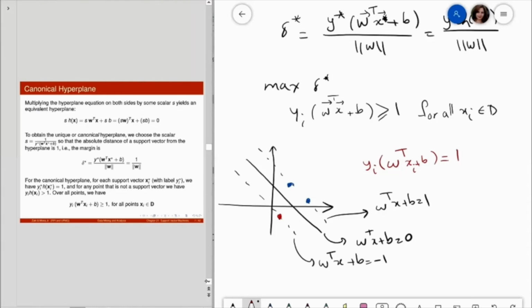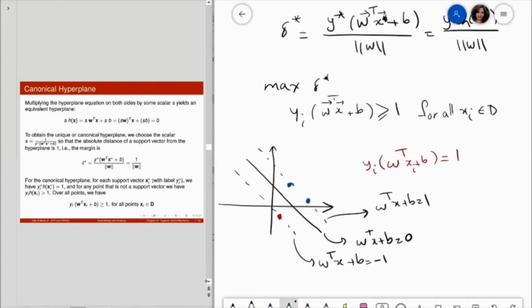Because for these, it's W transpose X plus B is 1, and then their label is 1. So 1 multiplied by 1 is 1. For this one, W transpose X plus B is -1. The label is -1. -1 by -1 is going to be equal to 1.